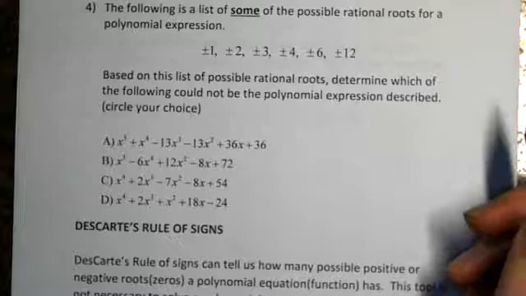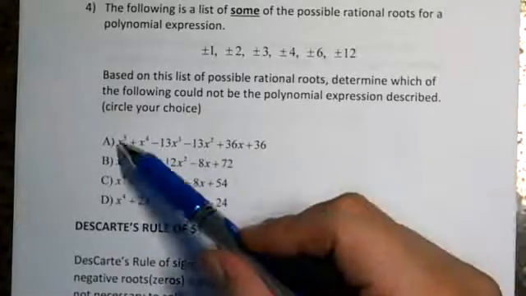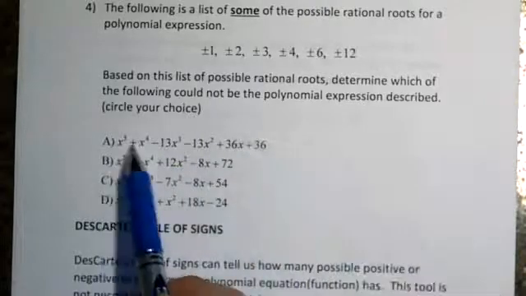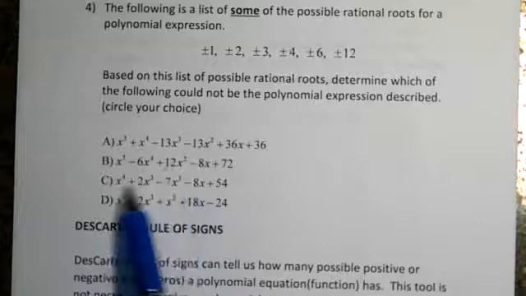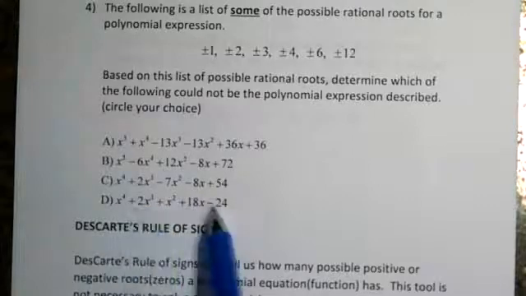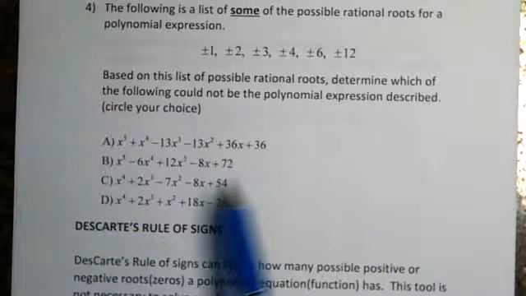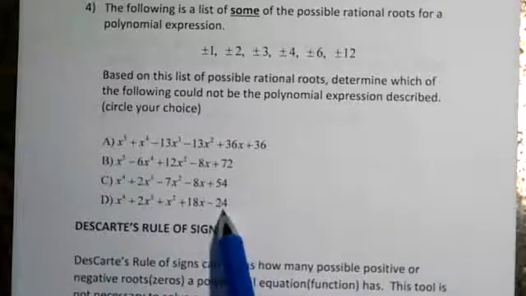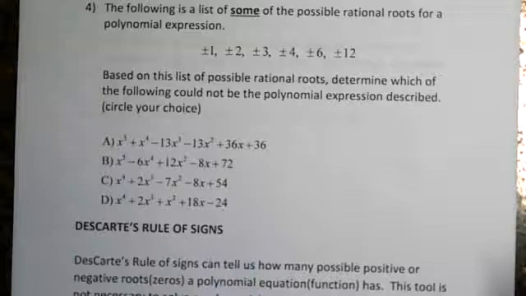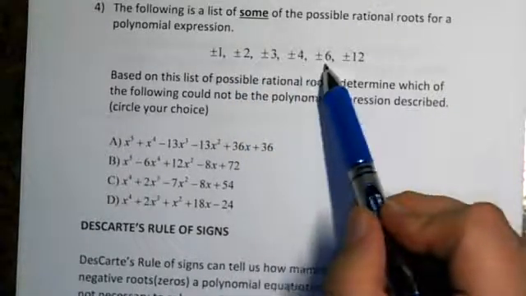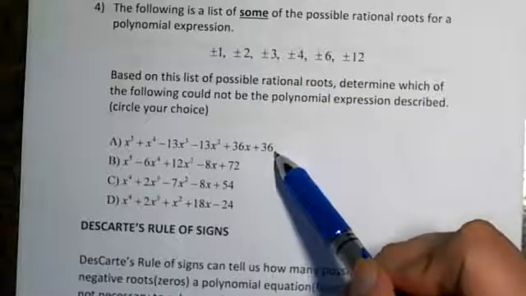So I'm focused entirely on the leading coefficients. Let's make sure to look at the exponents. They are all in decreasing order. That's good. The leading coefficient for all of them is 1. So what I'm really concerned with is the constant. 36. Are all of these numbers factors of 36?